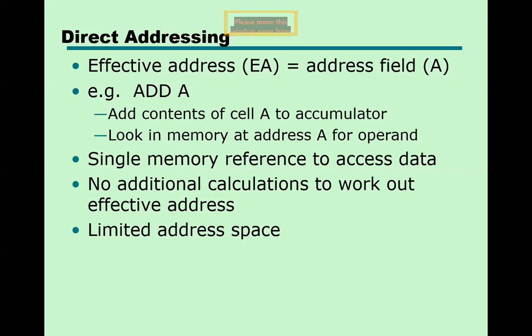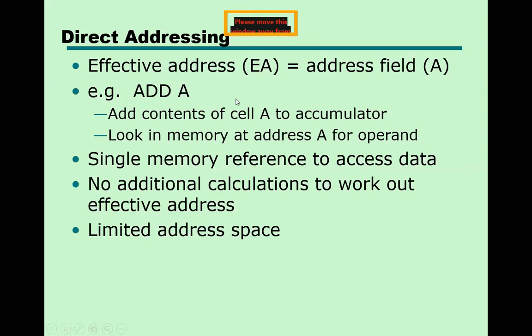So in direct addressing, you get one kind of advantage. What is it? You do not need to calculate the effective address, because the address is directly written. The address is directly given, so no additional work is required to get the effective address.